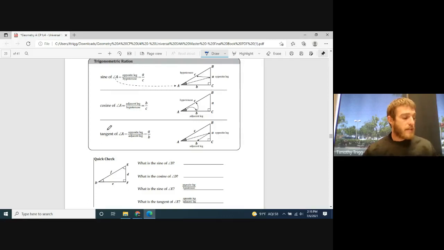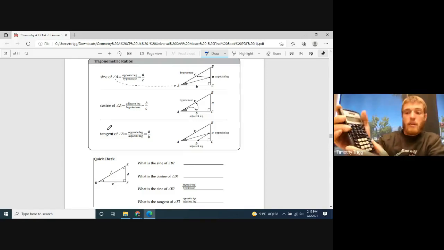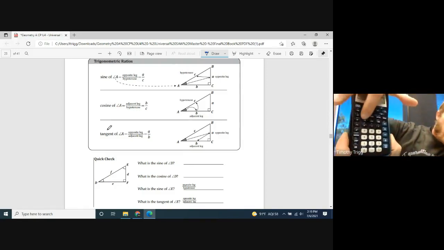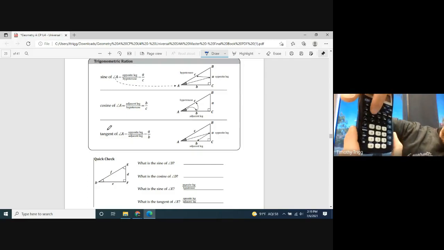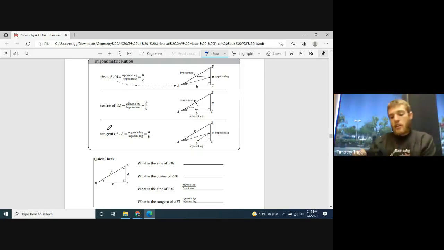Now, if you have a scientific calculator, you should be able to see these buttons. They're like right here. Sine, cosine, and tangent. Okay, you can see on your calculator it says sin. You read that as sine, not sin. Then cos, that's for cosine, and then tan for tangent.